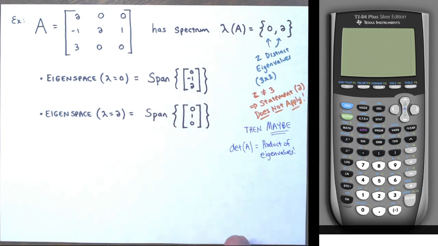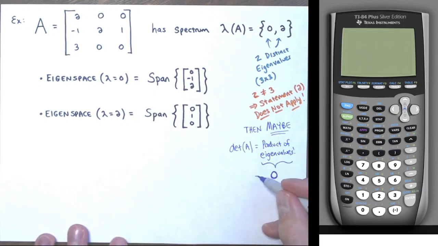Let's see. What is the product of the eigenvalues? Let's look at the right side here. The product of the eigenvalues is 0. And what is the determinant of A?